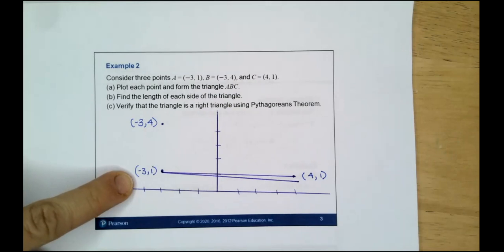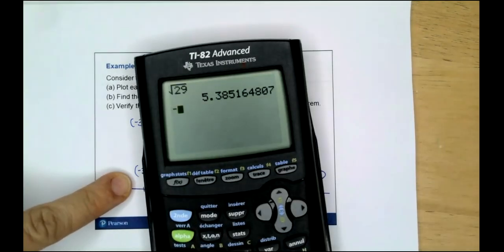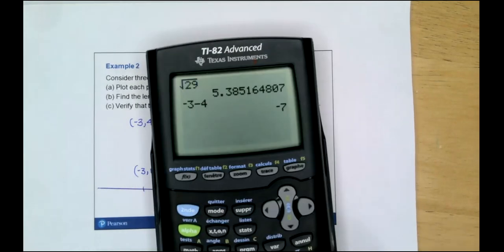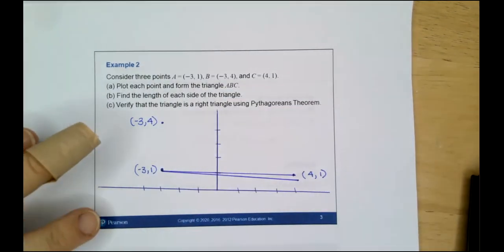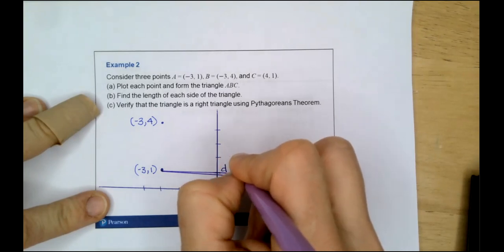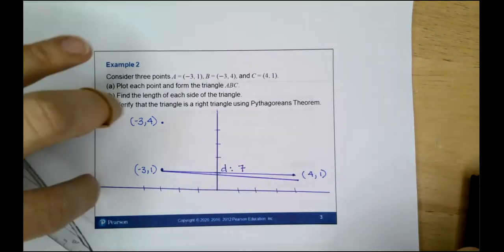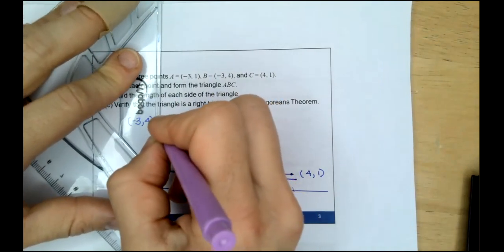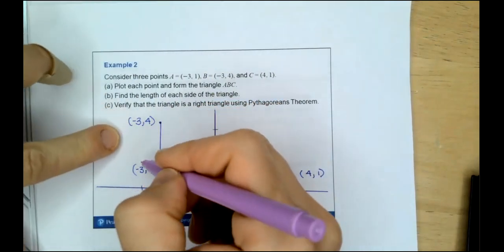So between negative 3 and 4, negative 3 minus 4 is 7, right? Or 4 minus negative 3, also 7, because we're talking about distance, so negative doesn't matter. So that's just going to be a distance of 7. Good. Straight vertical line, you can also count that because it's a negative 3 and a negative 3.